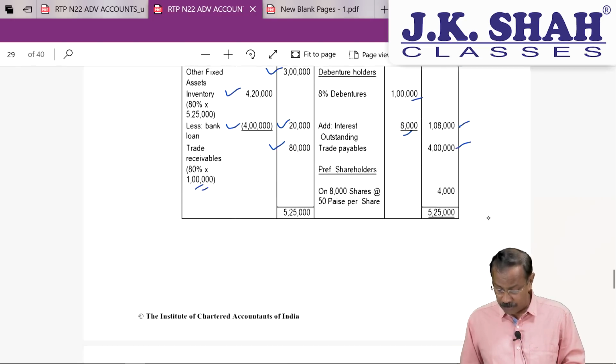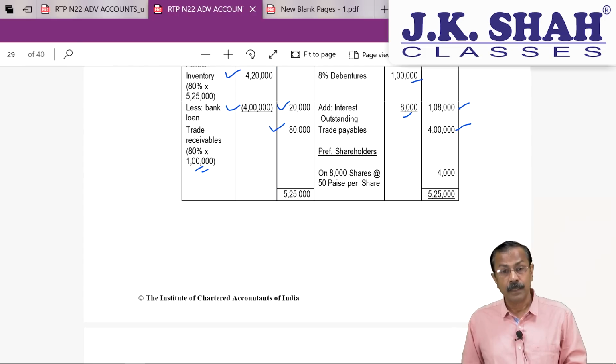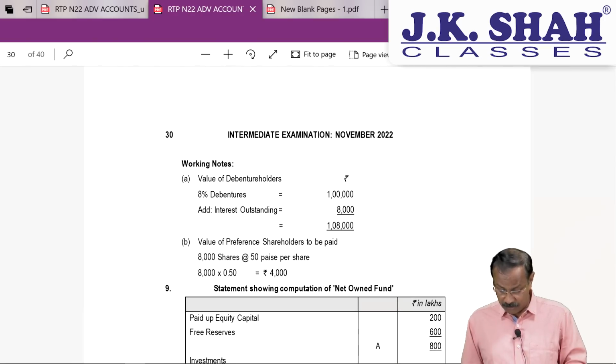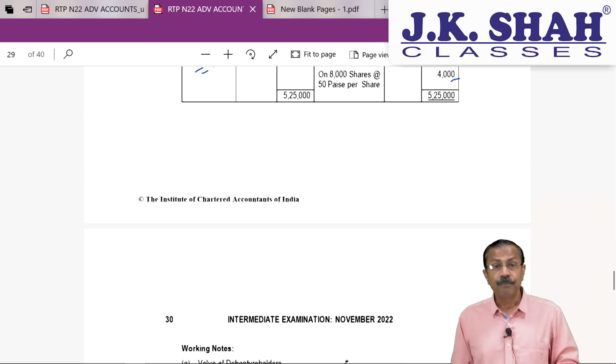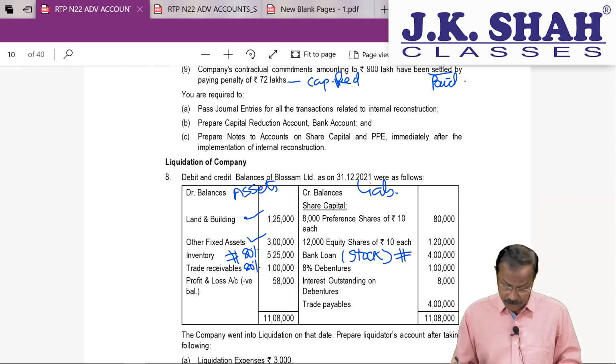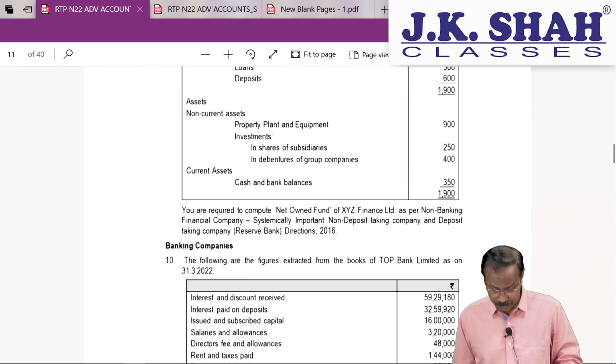Trade payables 4 lakhs. Preference shareholders, balance amount, nothing is received by equity shareholders, remember. So that's your simple liquidator's final statement of account.